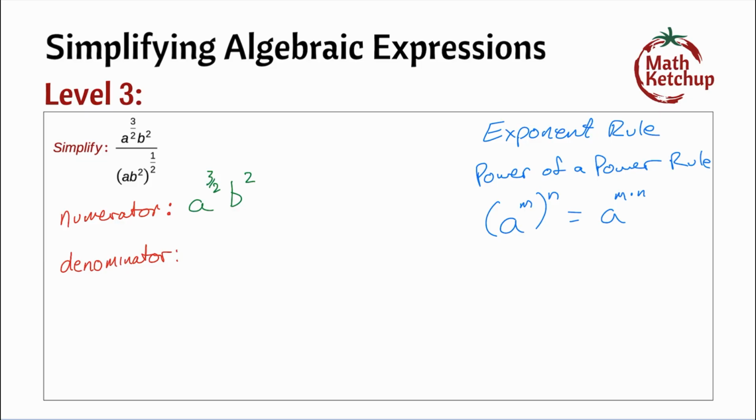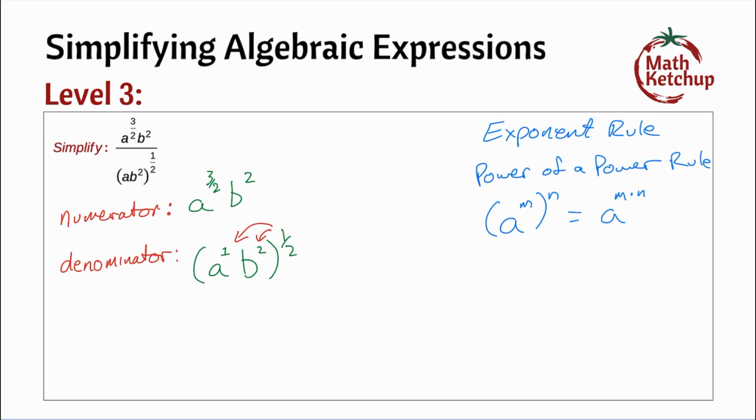Now, ours looks a little bit different as we have two variables inside our brackets. We have an a, there's no exponent on it, so we know there's a 1, and b to the power of 2, all raised to the power of a half. Now, the power of a power rule would be easy if it was just one variable inside. But because there's two variables inside, we need to have that 1/2 apply to the a and to the b.